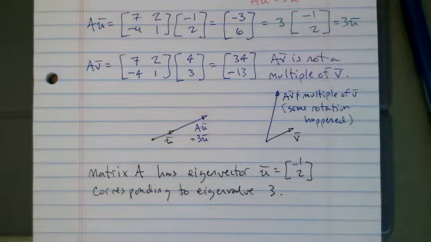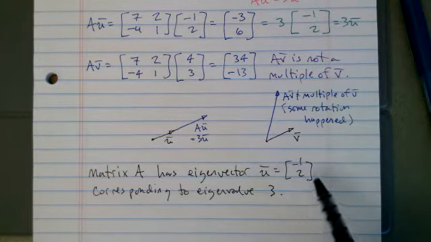Anytime I multiply A by a multiple of U, I will get 3 times what we start with.